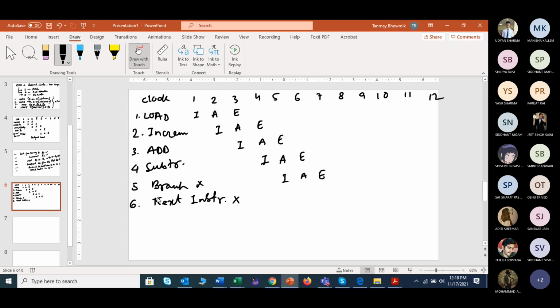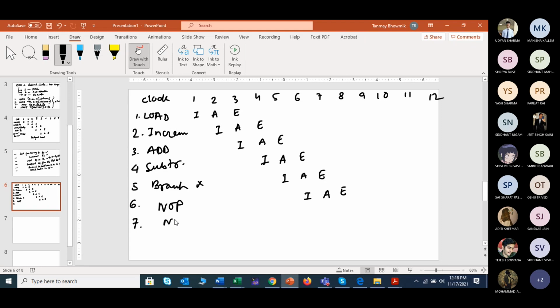So what type of instruction should we pass now? We should pass the NOP, or the delay signal, again. So again we can write no operation: I, A, E, no problem.